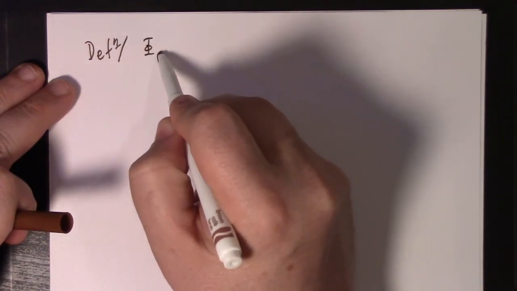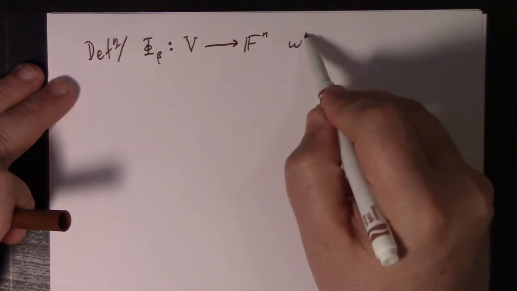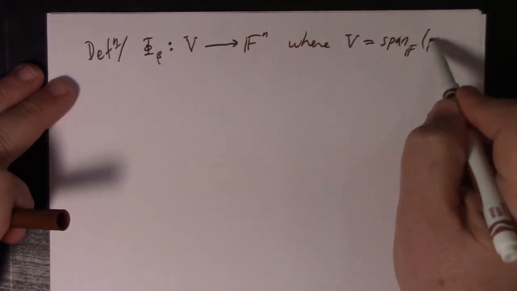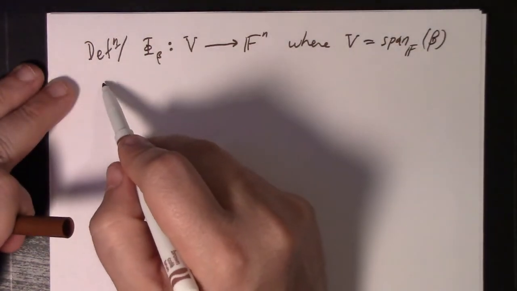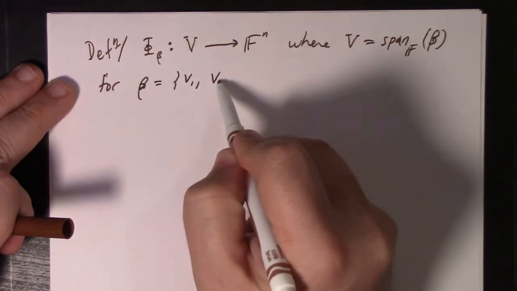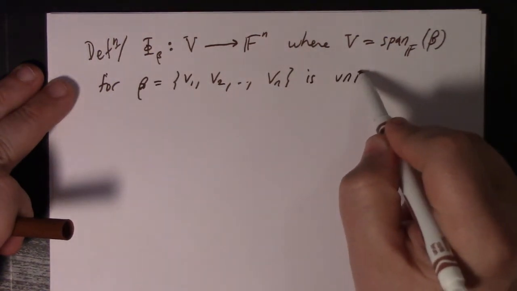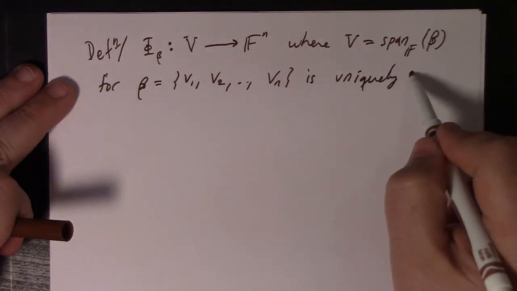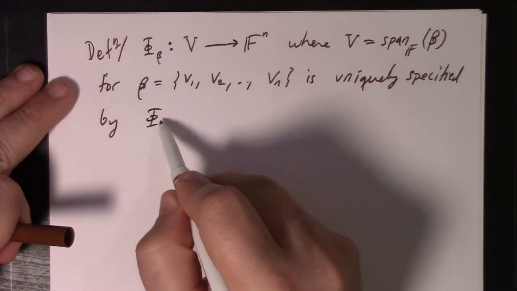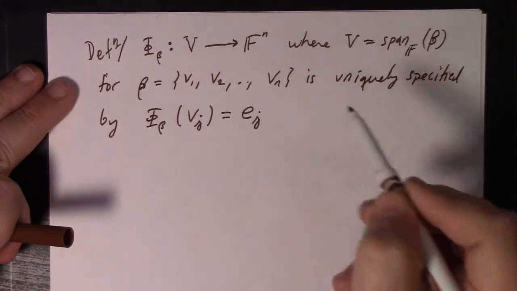So phi beta going from, say, V to F^n, where V is equal to the span of beta, for basis beta, let's say v1, v2, ..., vn, is uniquely specified, defined by phi beta of v_j equal to e_j. I'm sorry, I'm kind of mixing a theorem into the definition at the moment.